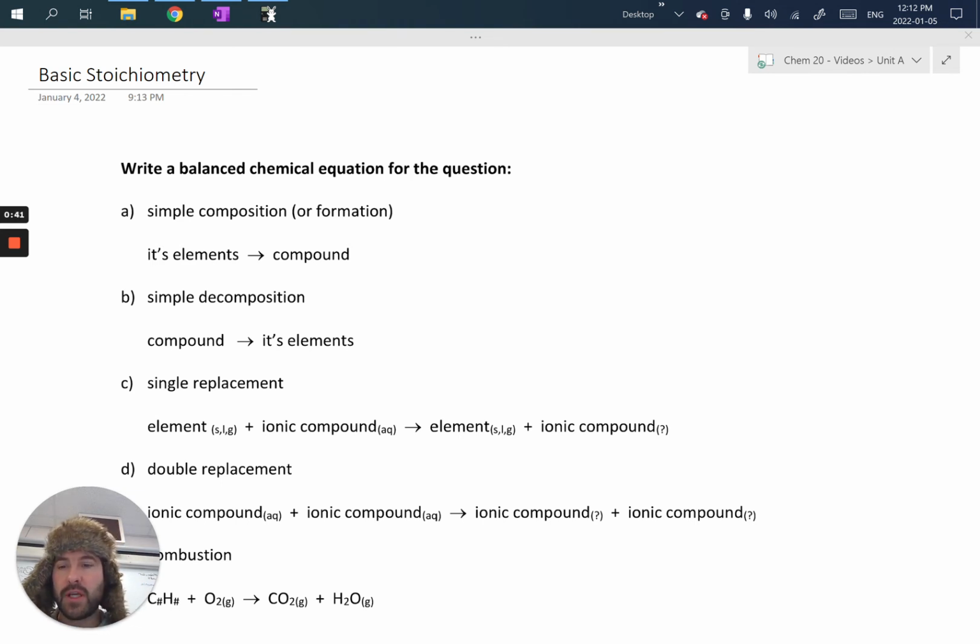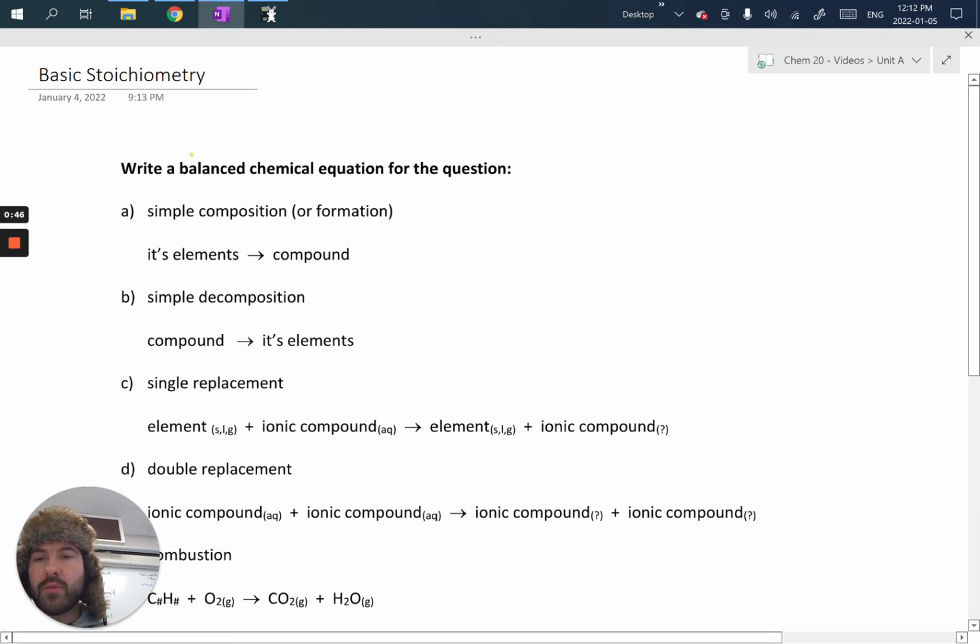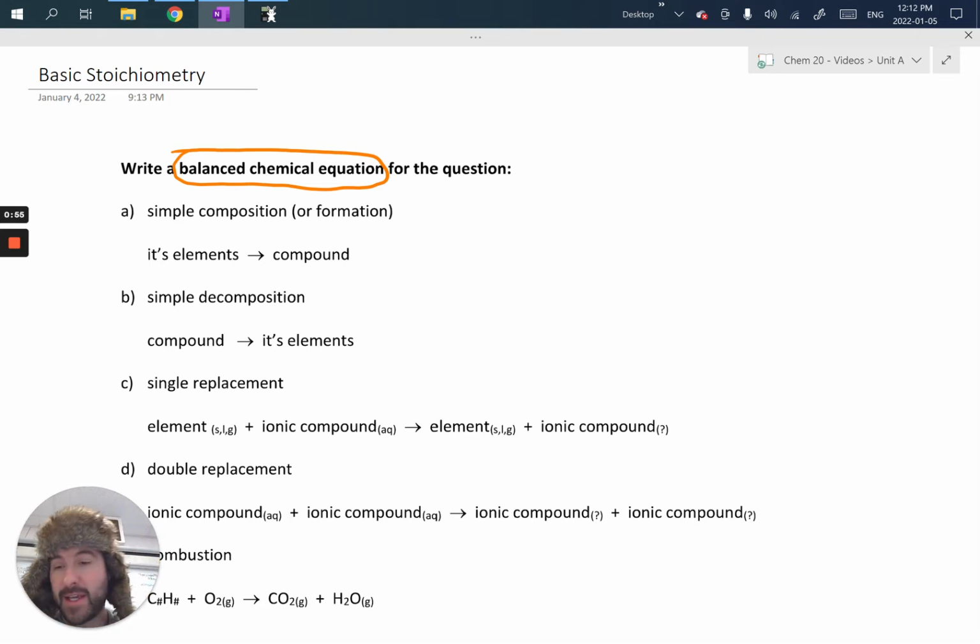The first step that you need for any stoichiometry is you need to have a handle on producing balanced chemical equations. Have to. If you don't have this, you can't do stoichiometry well. And so we need to be pros at making balanced chemical equations.